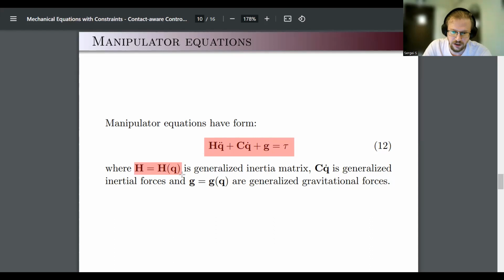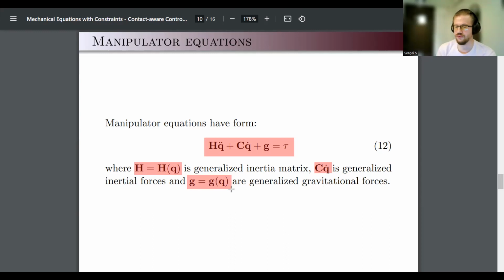Remember, it is a symmetric positive definite full rank matrix. We have C times q dot, that is a generalized inertial force. So it is Coriolis force, normal inertial force, like centrifugal, we call it sometimes. Those forces, right? And then G is generalized gravitational force.